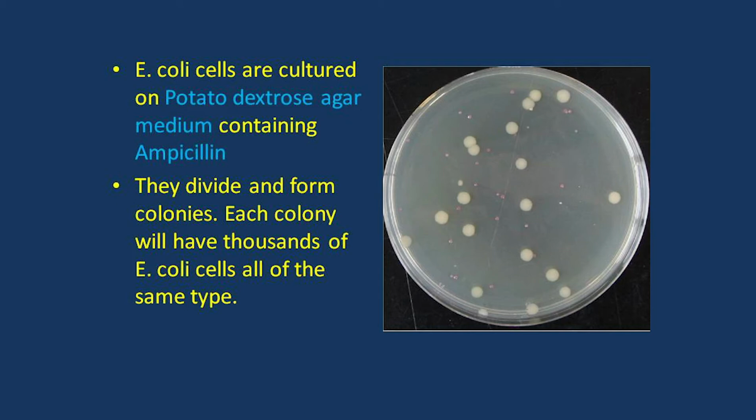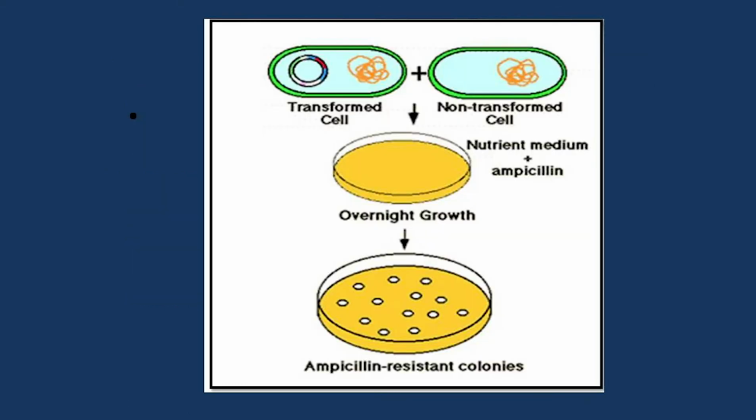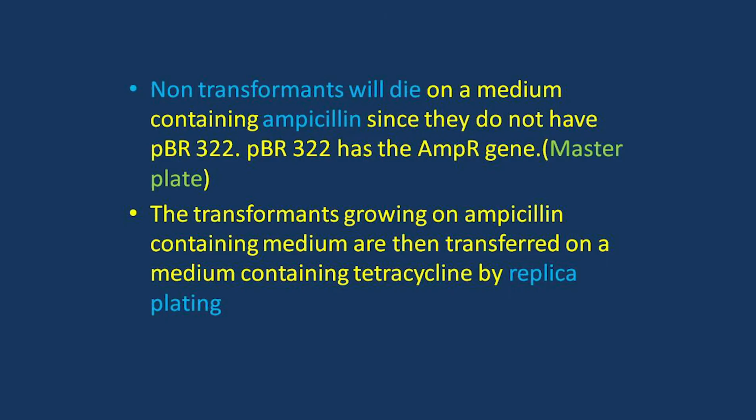Just remember, each colony will have only one type of E. coli in it. Because of the presence of ampicillin, non-transformant cells will die on that medium because it does not have pBR322 in it. pBR322 has the ampicillin resistance gene. Because of the absence of that gene, the non-transformants will die on that medium. This petri dish is called the master plate.